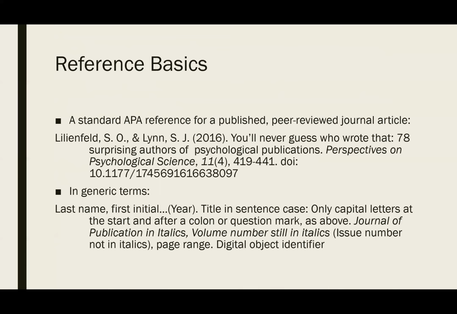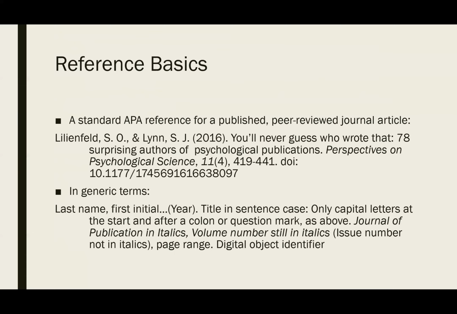Okay, so the basics. A standard APA reference for a published peer-reviewed journal article looks like what you see on the slide there. In generic terms, it is last name and then first initial or first initials, and then the year, title, and you don't italicize the title here unless it's not a journal article.